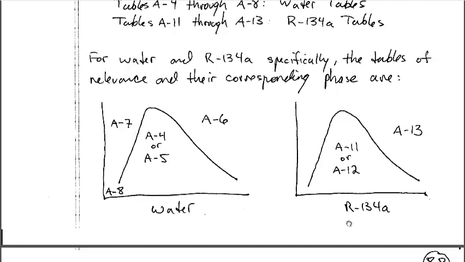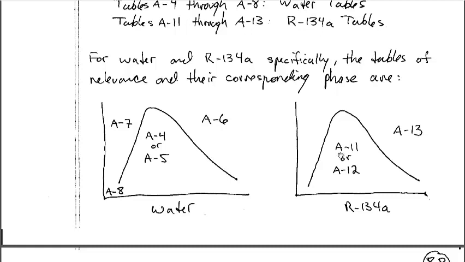If the substance is R134A, then notice we don't have a table for compressed liquid R134A, nor do we have a table for the saturated solid vapor R134A. But we do have tables for when R134A is liquid vapor saturated, so the two-phase liquid vapor mixture region.